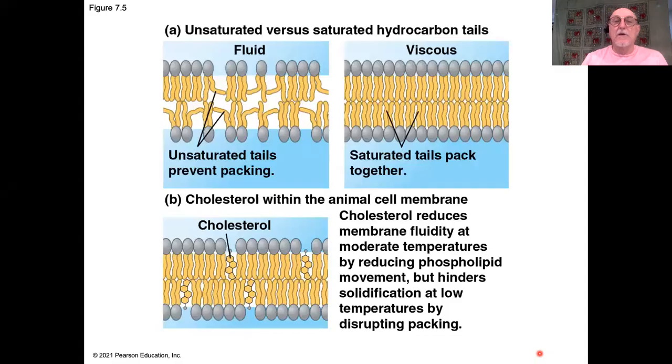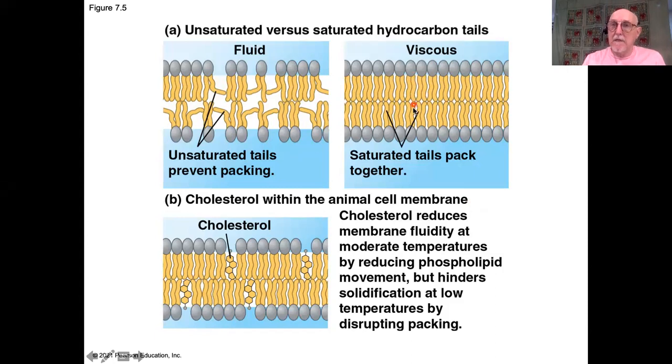So it's essential that the fluidity of this membrane be maintained. And the fluidity is determined by the types of molecules that are present. Think back to when we talked about hydrocarbons. You'll remember that I told you, if a hydrocarbon chain is saturated, if it's got the maximum number of hydrogens associated with it, then that molecule tends to be straight.